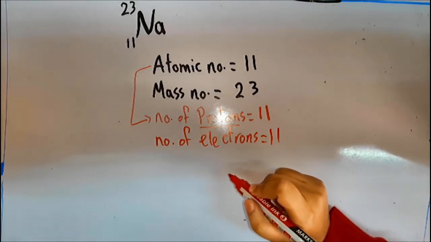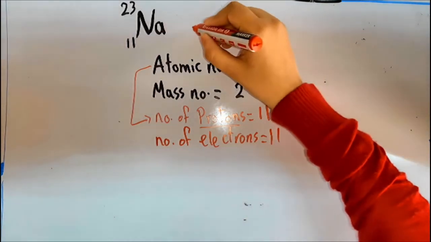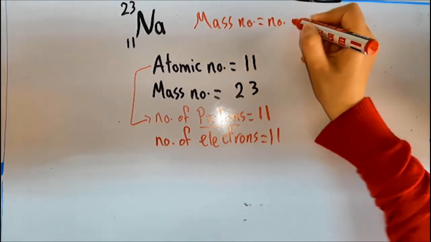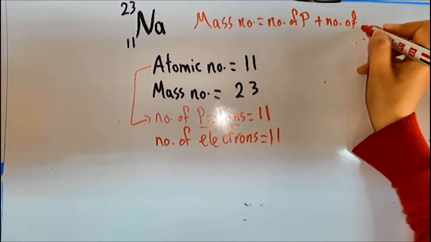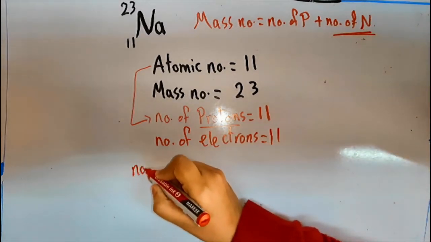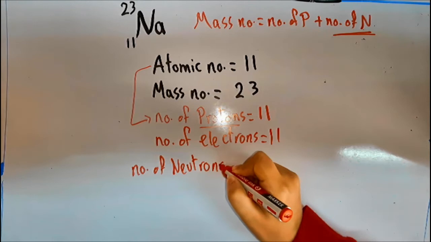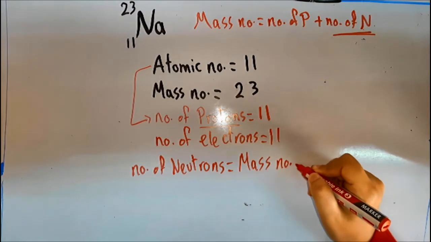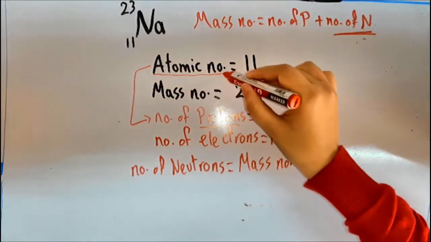Now we want to calculate the number of neutrons. We can take it from the rule: mass number equals number of protons plus number of neutrons. How do we calculate the number of neutrons? Number of neutrons equals mass number minus number of protons, and as we know, the number of protons is the atomic number.